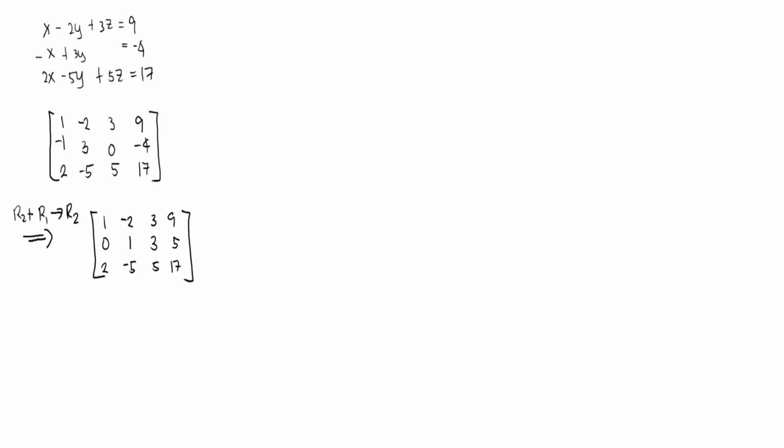Then we add negative 2 times the first row to the third row to produce a new third row. So that is, we want new R3, so that is plus negative 2 R1 to produce new R3. Since we want a new R3, we will just copy the first two rows.